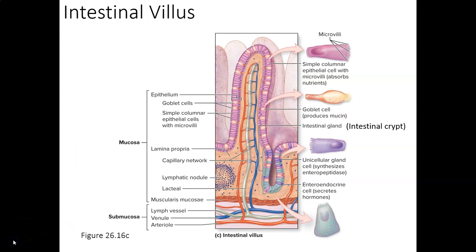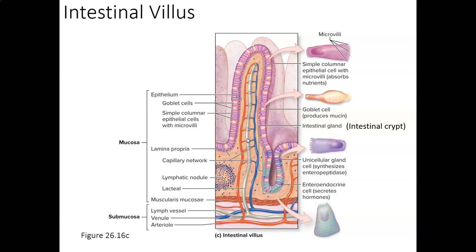So this is what you see. Mucosa, submucosa, right? You see the lymphatic nodule buried in the lamina propria, and you see capillary networks going into each one of those villi.